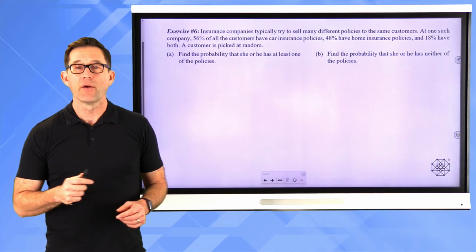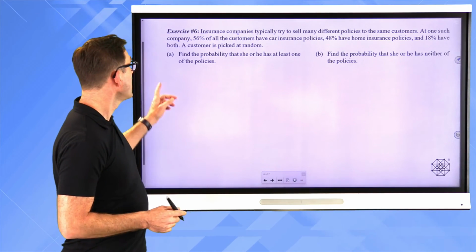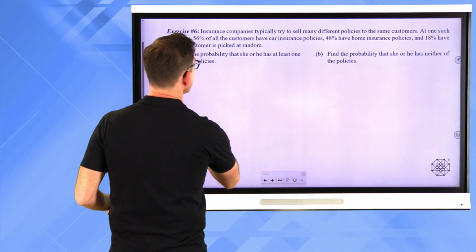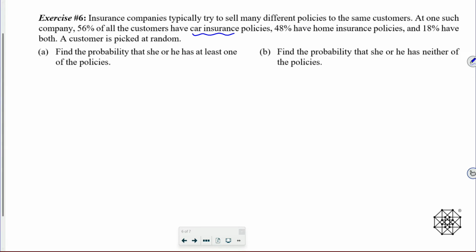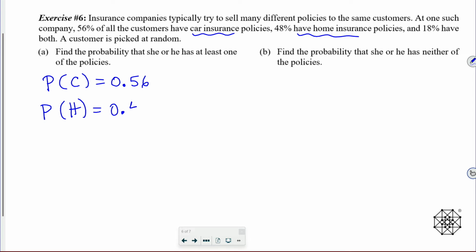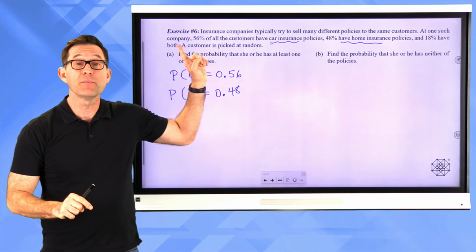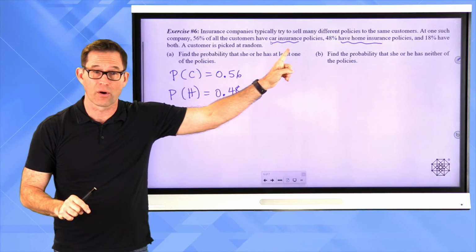All right, and really what this is saying is, what is the probability? So what do we have? We have car insurance, home insurance. We know the probability of car insurance is 0.56. The probability of home insurance is 0.48. And please note, they did not say 50% of the customers only have car insurance.